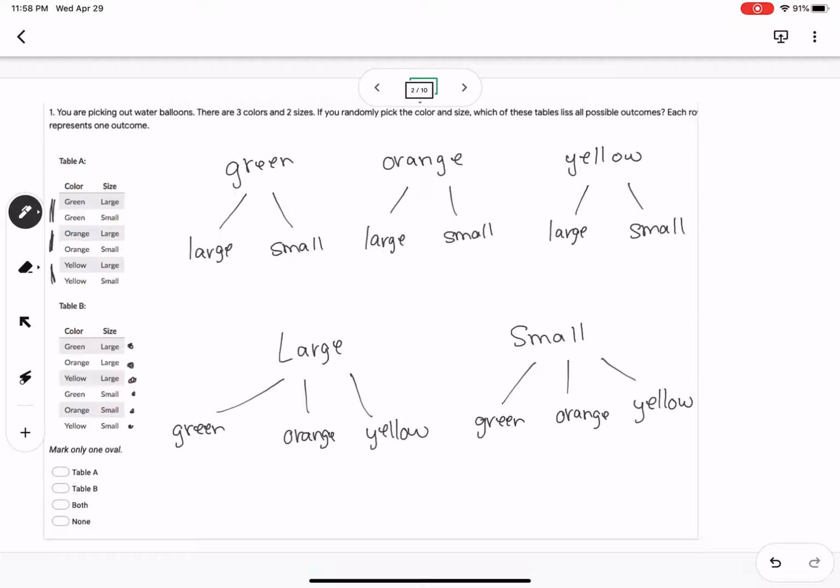There's 2 greens, 2 oranges, and 2 yellows in table A, and in table B. They're just in a different order. Table A listed it by color, whereas table B listed it by size. But again, it's the same. So here we see that technically both tables list all of those possibilities.